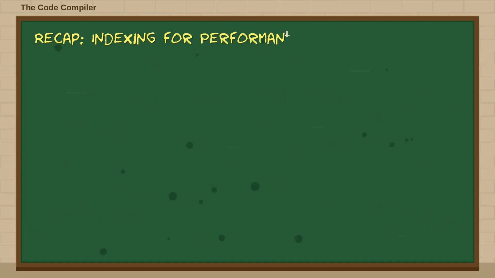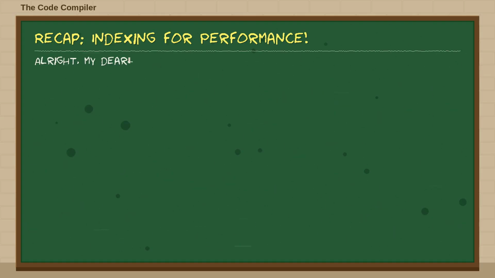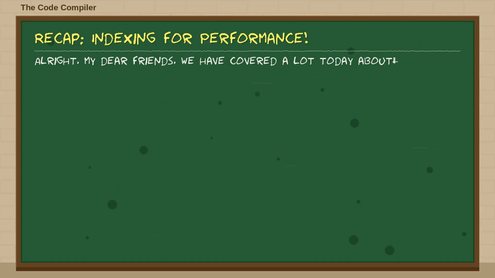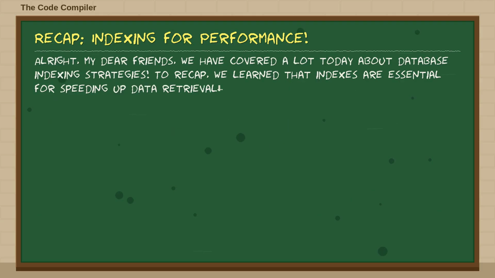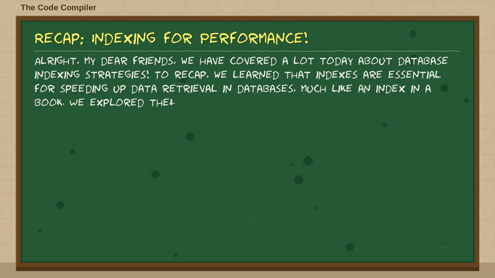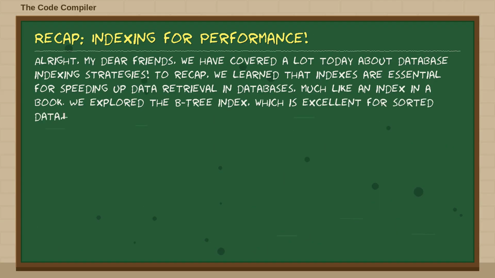Alright, my dear friends, we have covered a lot today about database indexing strategies. To recap, we learned that indexes are essential for speeding up data retrieval in databases, much like an index in a book. We explored the B-tree index, which is excellent for sorted data, range queries, and primary keys.